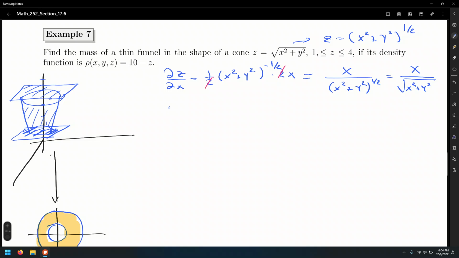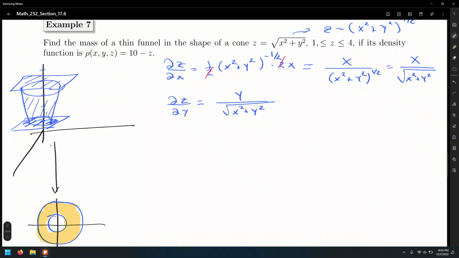And in the same way, the partial of z with respect to y, well, I'm not going to do the whole work. It's the same process, but instead of having an x in the numerator, that's changed to a y. So that's y over the square root of x squared plus y squared.